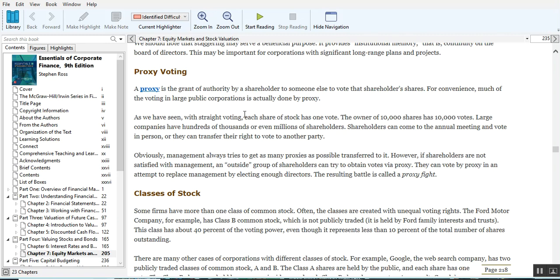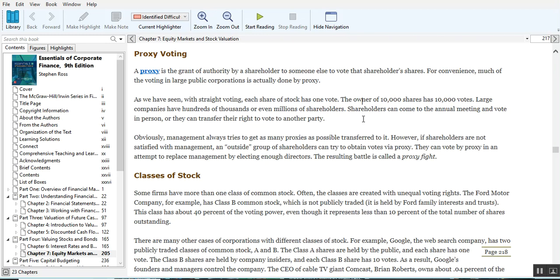This can actually be a strategy that some factions within the company use to get a particular candidate on the board, and there may be an accumulation of shares through proxy voting to basically voice something they're not pleased with on the board, or they want a different candidate or whatever.